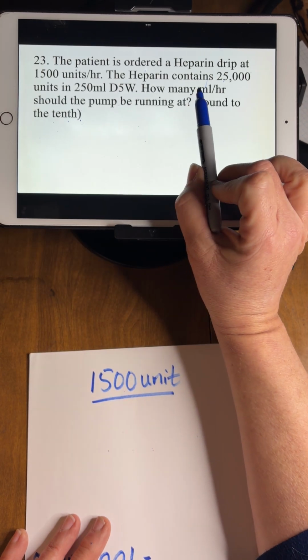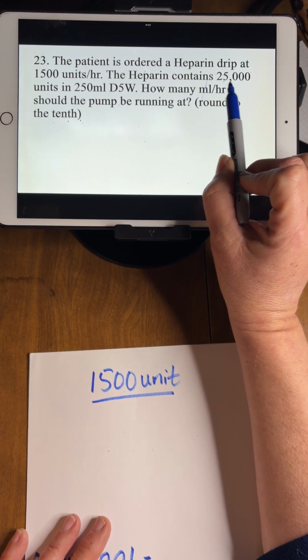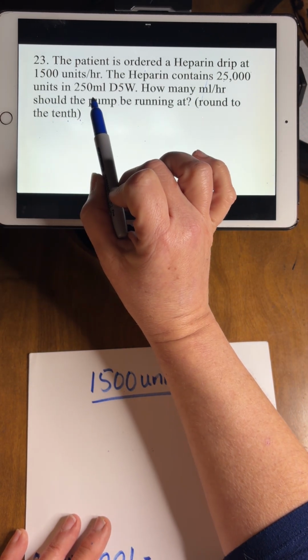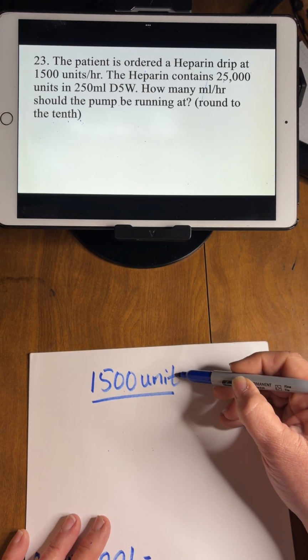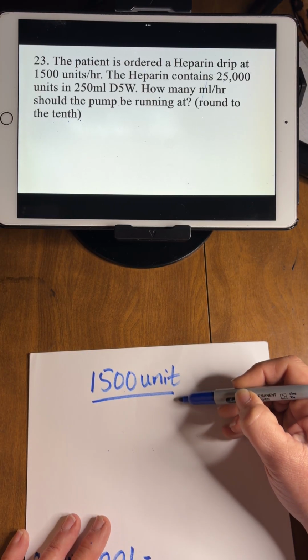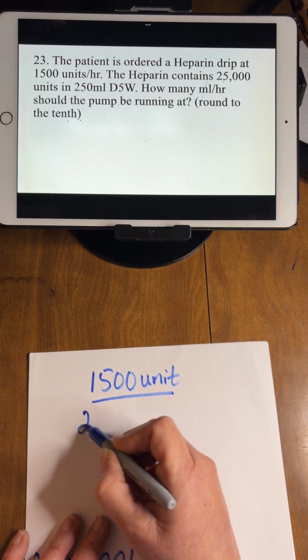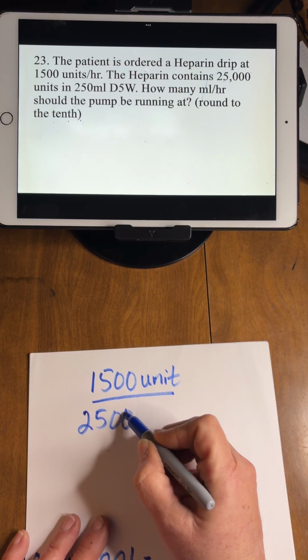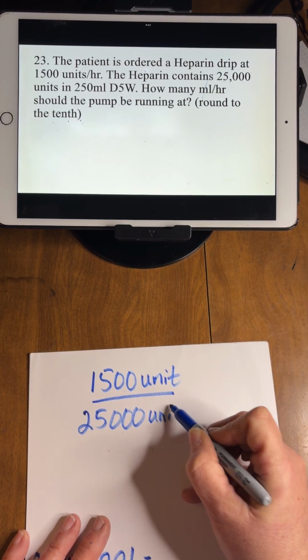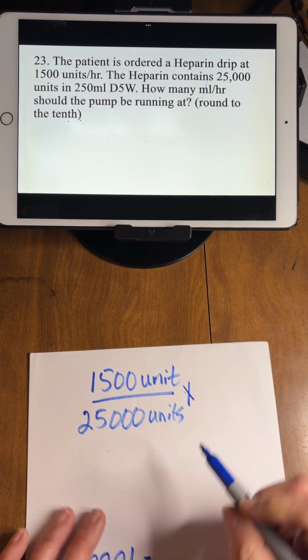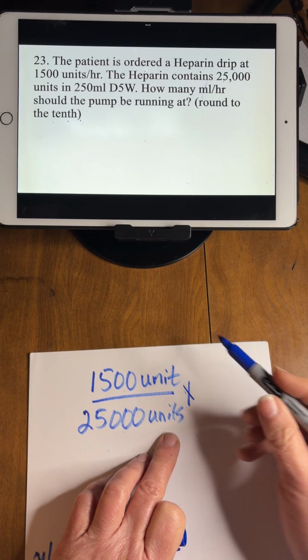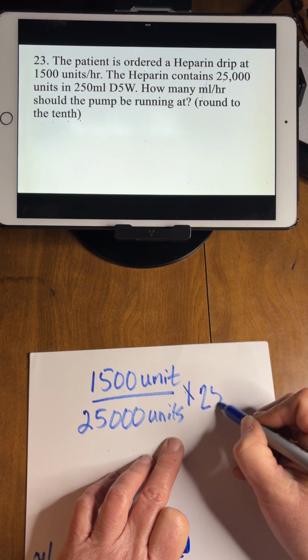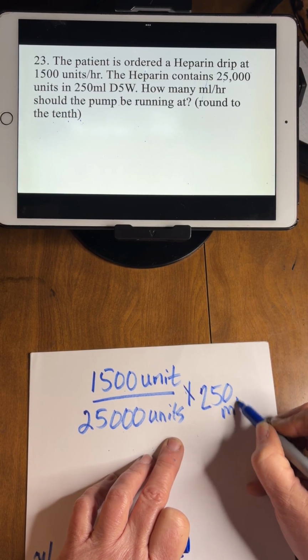And the heparin contained in the bag in our hand, 25,000 units in 250 milliliters. So what are my units? Because they got to have the same last name. I heard you. 25,000 units. And how does that 25,000 units come? In 250 milliliters.